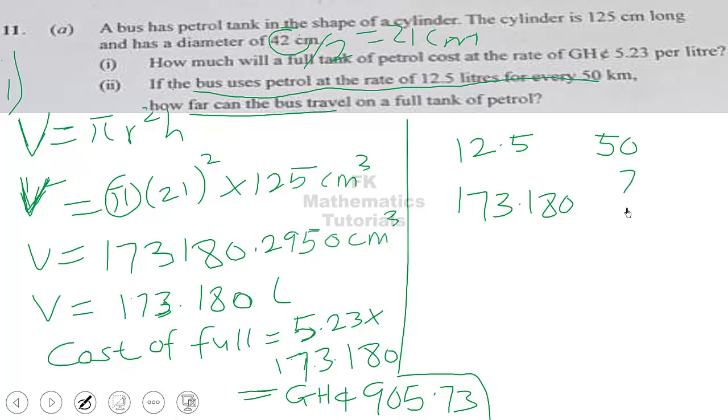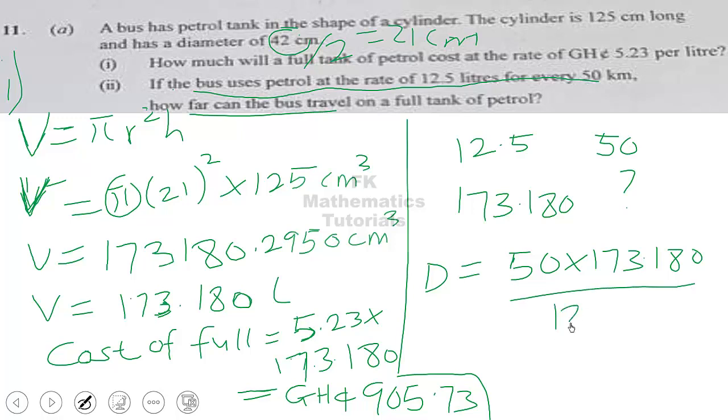So how far? We know this to be more. So if more, let's divide. So the distance will be equal to 50 times 173.18 all over 12.5.